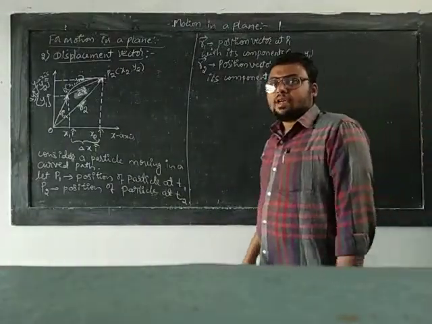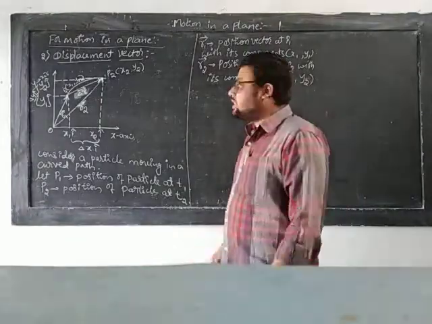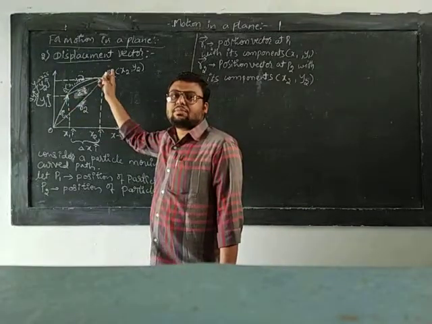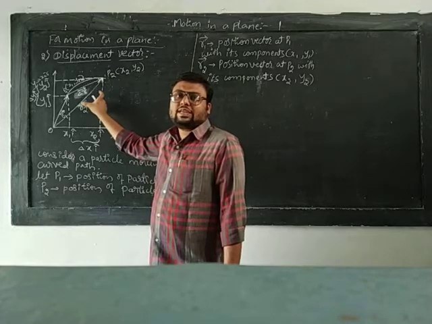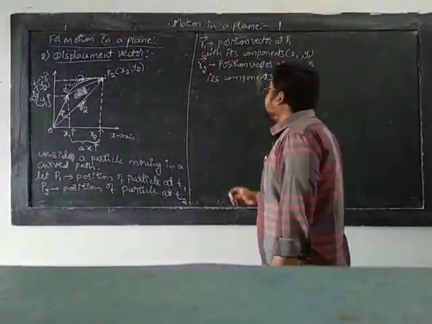Then the displacement in the time interval t2 minus t1. Initially the time is t1 and the particle is here, and at time t2 the particle is at P2. So during the interval t2 minus t1, how can we write the displacement?